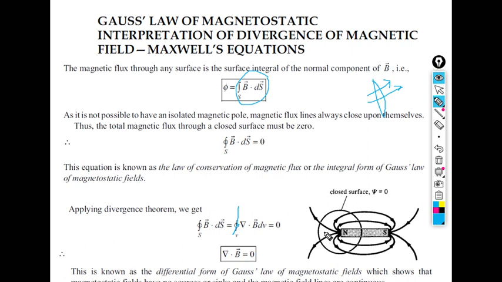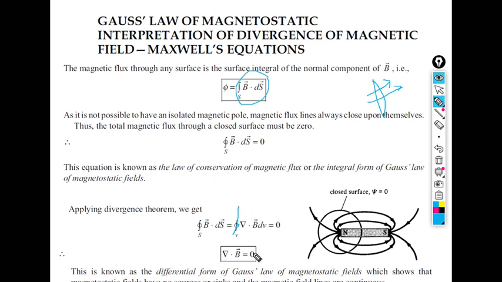From this definition, divergence B is equal to 0, which is known as the differential form of Gauss law of magnetic field. You know the Gauss law in electric field, which I'll describe in Maxwell's first equation. This is a Maxwell's equation for magnetic field. When I discuss Maxwell's equations for electric field, applying Gauss law, I'll cover it.